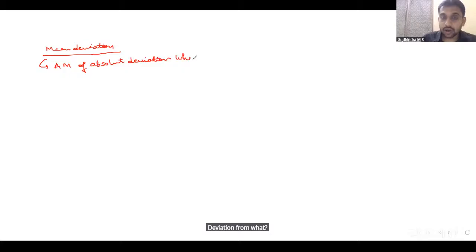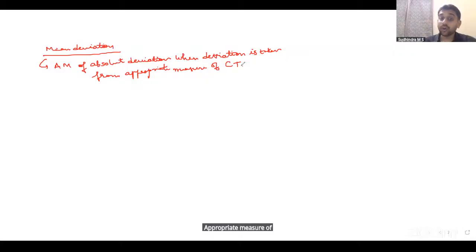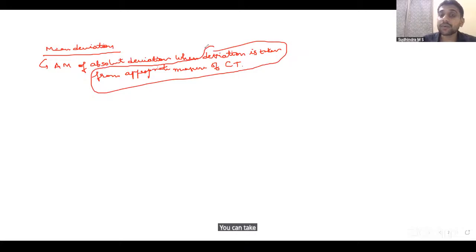Absolute deviation when deviation is taken from appropriate measure of central tendency. So here you can take deviation from any measure of central tendency.